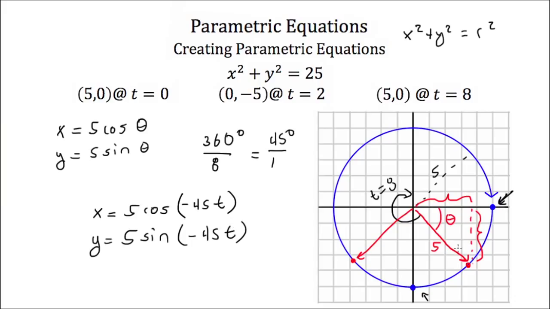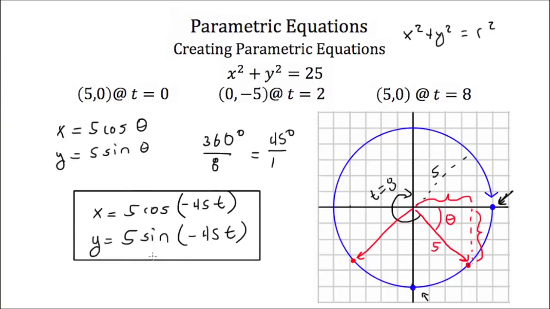So as t changes, my x and y coordinate will change. So these would be my parametric equations for moving around this circle, which has a radius of 5, and at a rate of one full rotation every 8t, or every value of t that's equal to 8.